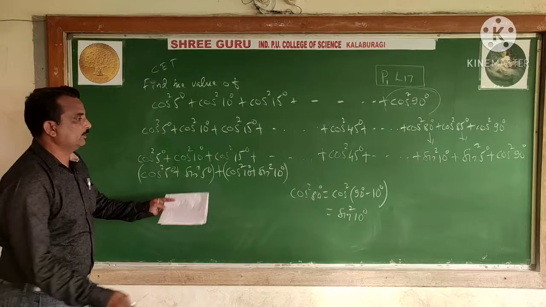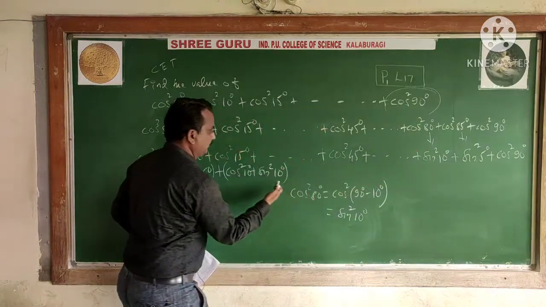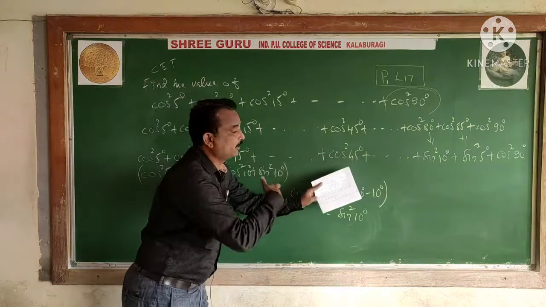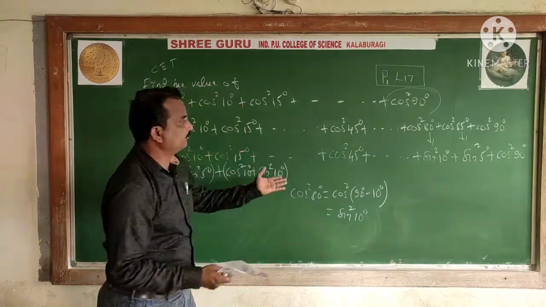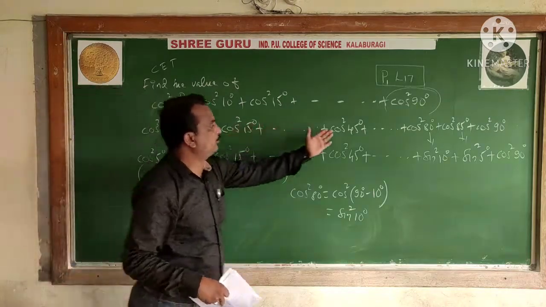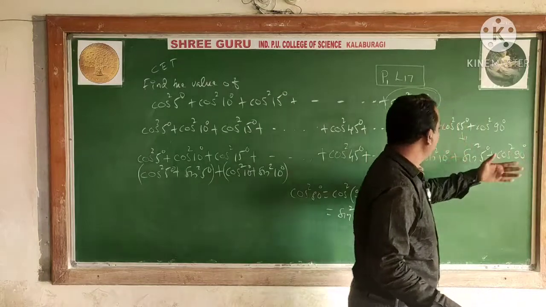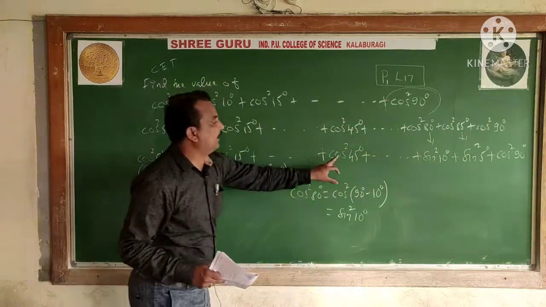Similarly, 75 can be written as 15. Like that, from cos 45 degree onwards, half of the terms we convert in terms of sine, and half of the terms remain. So this is an even number of terms.